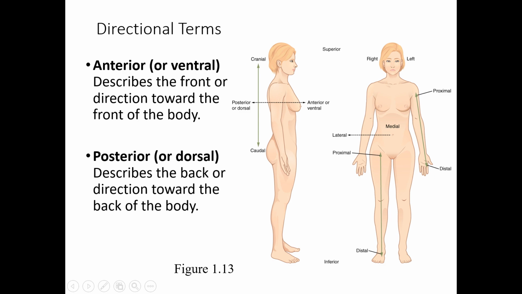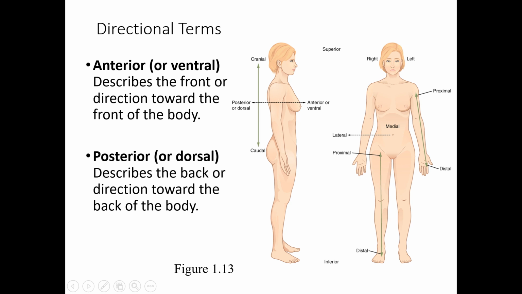Directional terms. Those terms we are using only when we compare the location of two structures. You cannot say, for example, that the ear is anterior. You need to have two structures. You can say that the ear is posterior to the nose, or the nose is anterior to the ear. So that's the first thing. We are comparing two structures.